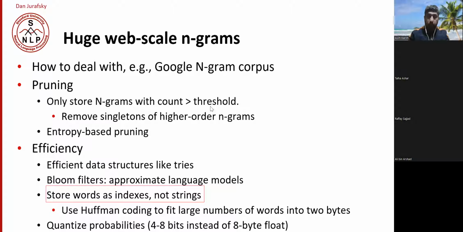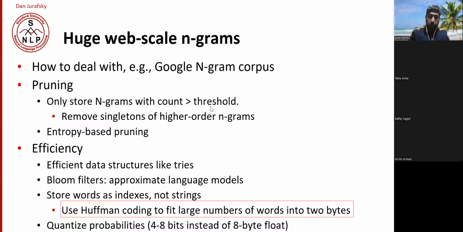Also, instead of storing whole words, for example the word thing, T-H-I-N-G, if you store all of those characters, you will take up more space. If you give this whole word a number, then that would take less space. So you can store numbers instead of words, and that will reduce your space requirement.